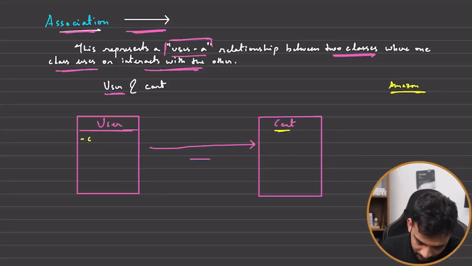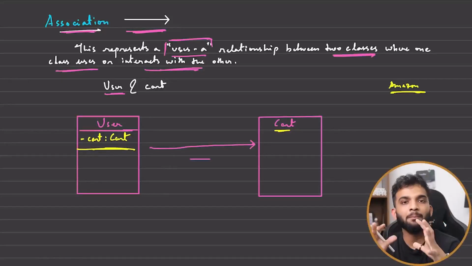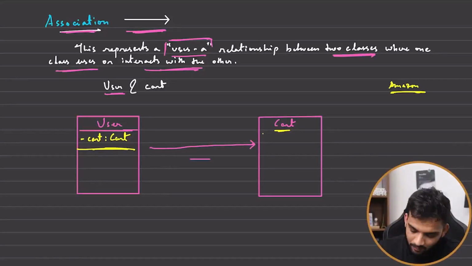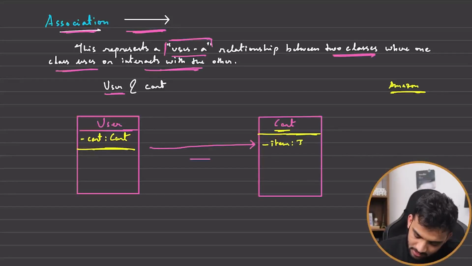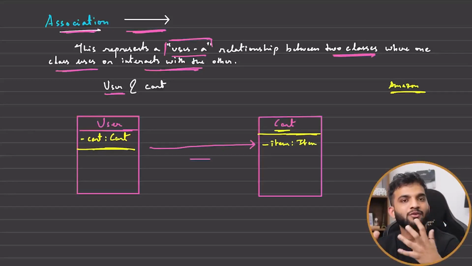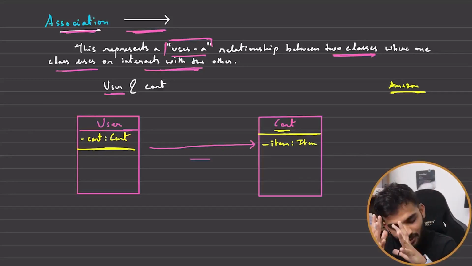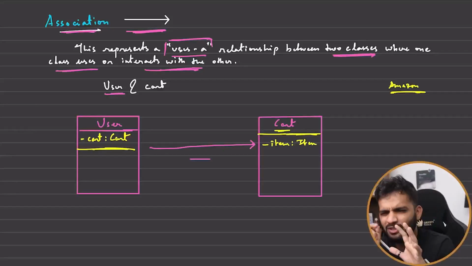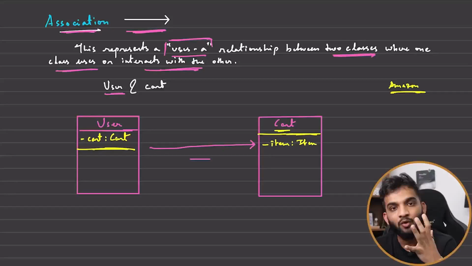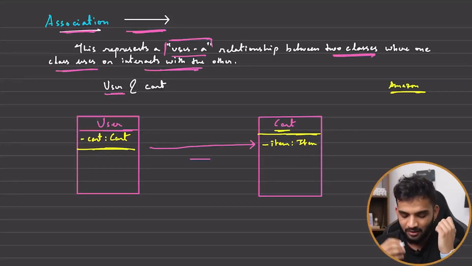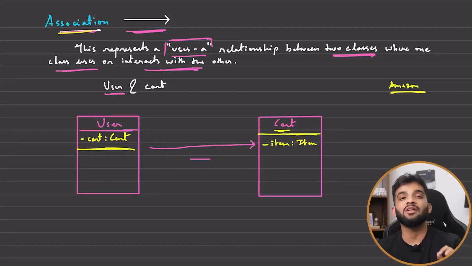I could name the variable cart, and I could use the Cart class. The cart is where we dump things. And inside the cart, we can have something like a minus item, and there could be an Item class. The cart is kind of using the Item class. So you will see these kinds of arrows and other things. You'll have to understand where to give an arrow, right? So this was about the association relationship.